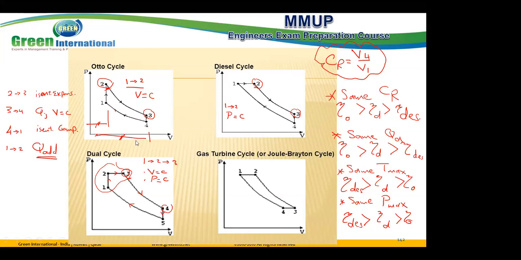The highest efficiency is the Otto cycle, then dual, then diesel. Dual is in the middle. Otto is maximum.